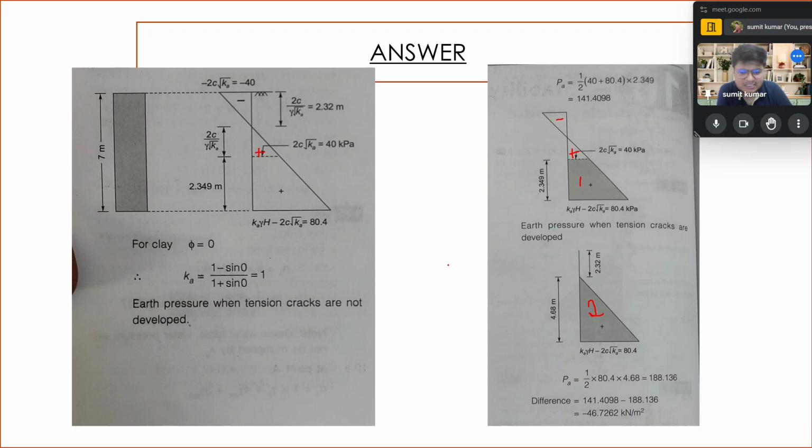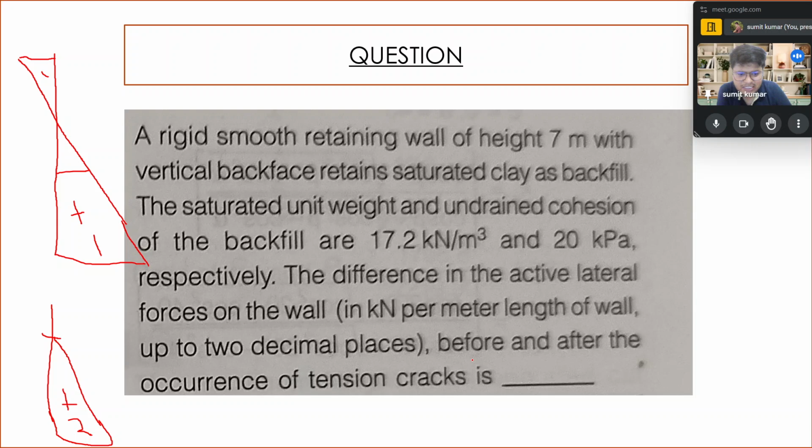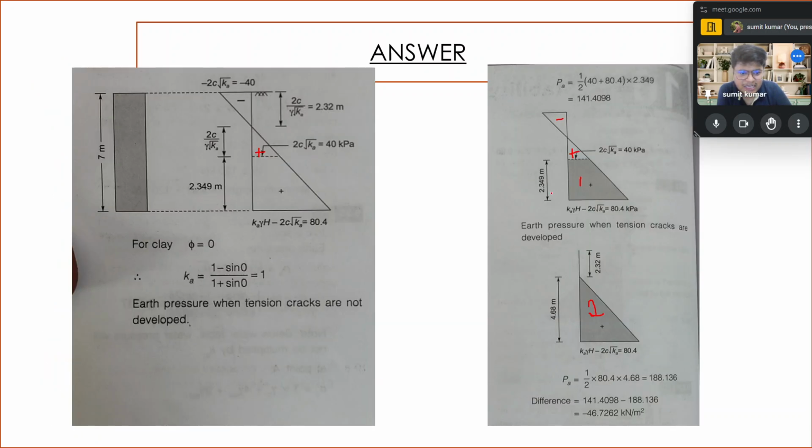Whatever they have asked in the same fashion, maybe because they asked before and after the occurrence. So we have subtracted after from before. That's why we get the value in the negative. So this is going to be our answer. So this is the basic thing. When you apply, write the basic equation, we plot this graph, and the tension crack concept is developed in the previous class.